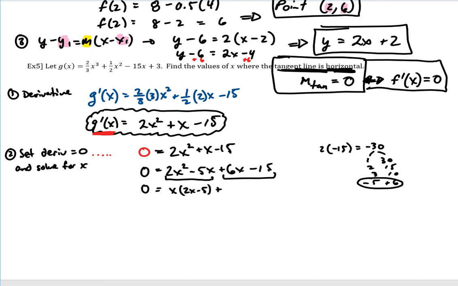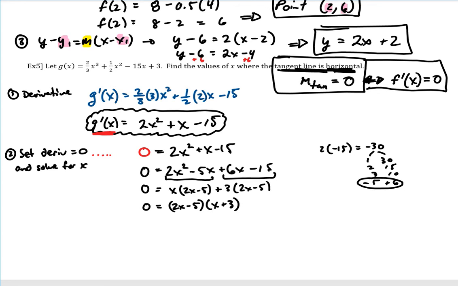Out of the second two, I'm going to take a positive. It looks like 3 is in common, which leaves me with 2x minus 5. And then the 2x minus 5 is common in both, so that means I have 0 equals 2x minus 5 times x plus 3. There we go.